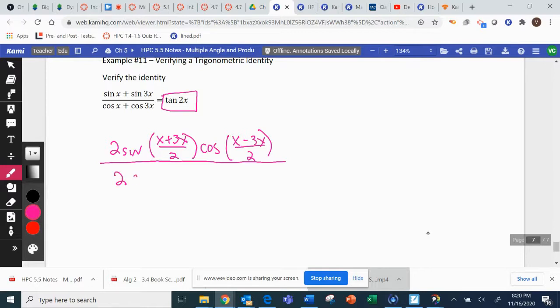So I'm going to have 2 cosine of x plus y. Nope, not x plus y. Sorry, that was from the formula. X plus 3x over 2. And then it is another cosine of x minus 3x over 2.